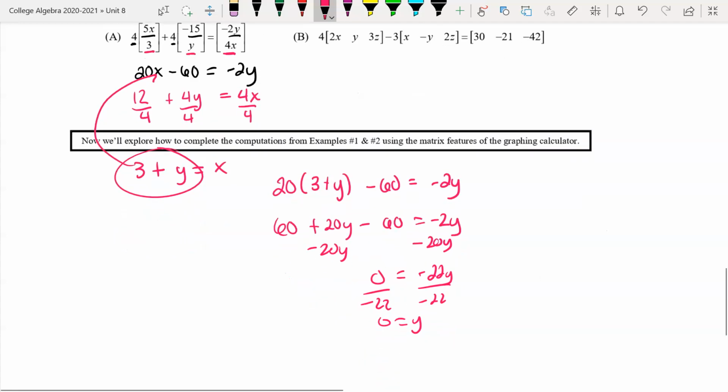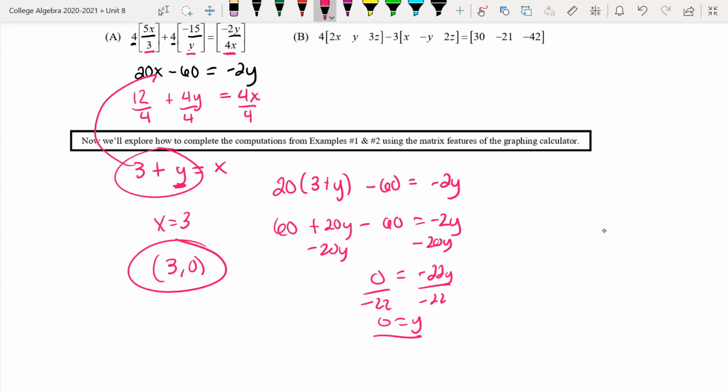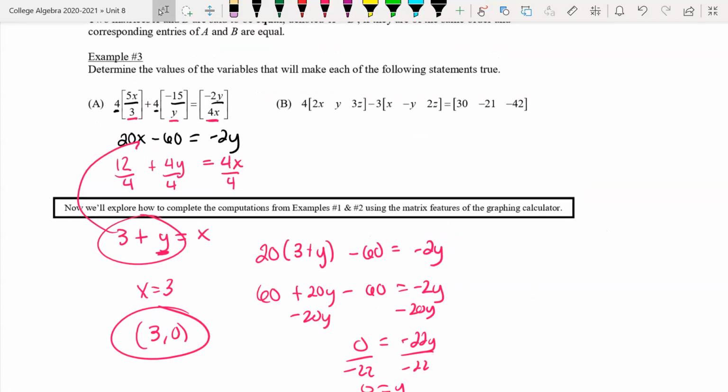So y is 0, which means x, when I plug in y, is going to be 3. So my answer to that would be 3, 0. So it's kind of like solving a system. You just got to write it out.